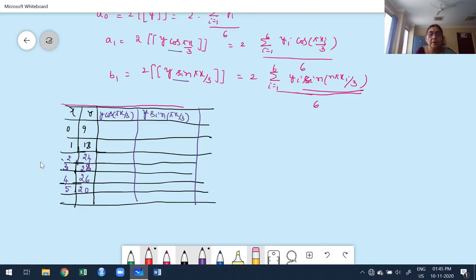The next is to find out the sums. Observe the sum of these values. This is the last row, where I'm going to take the total. What is the total of this? The sum of these values is nothing but the total. Once you take that sum, we get the total. What is the sum of this value? We get 125 if we calculate.